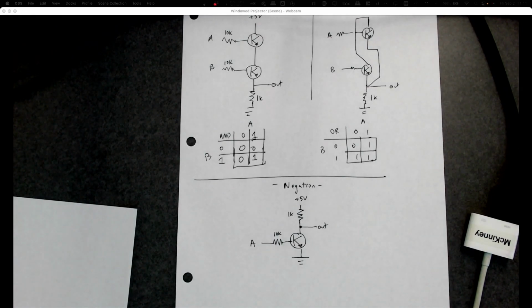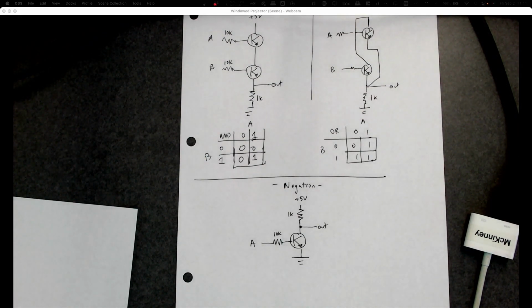We're going to think about what this circuit would do, and then we can wire it up in just a moment. I've maybe given away what it should do by labeling this with negation.